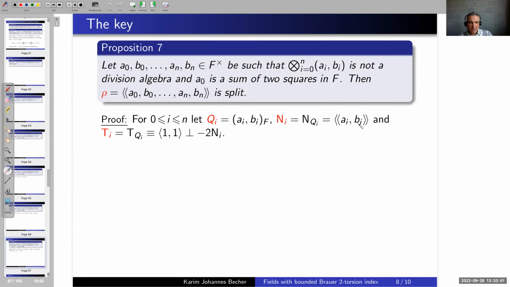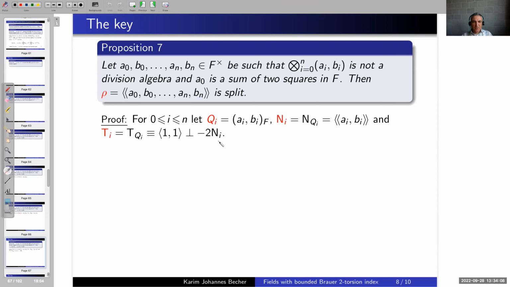This stands for T of QI, the trace form of QI. So remember that we take the form 1, 1, and then add orthogonally the negative of twice the norm form scaled by 2. That was the rule that was formulated a page ago. And so this is the relation between the two things.